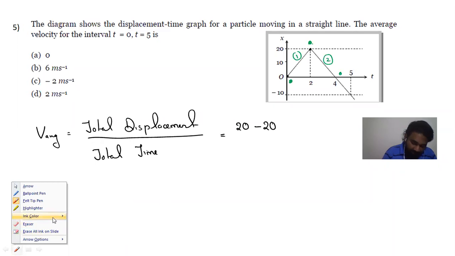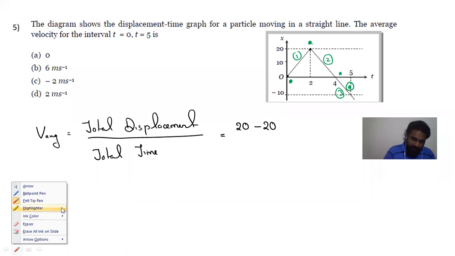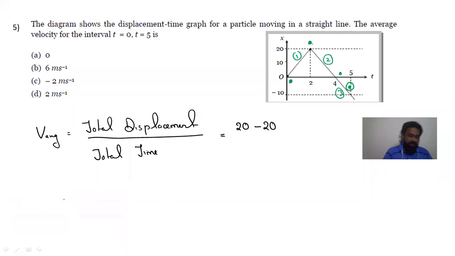Then the third displacement is what? Third displacement is again this one, how much? That is minus 10, it is shown. Okay, so 20 plus minus 20 plus minus 10. So this is the sum of the displacement.